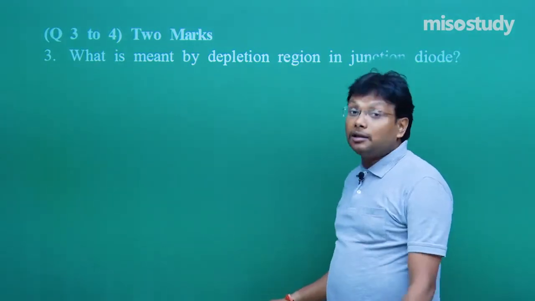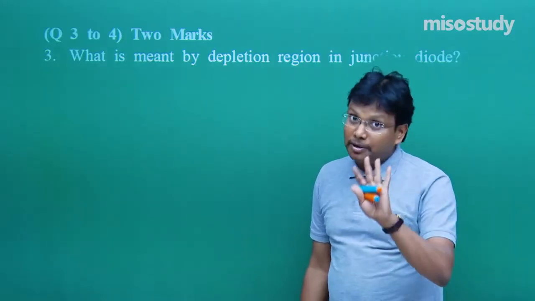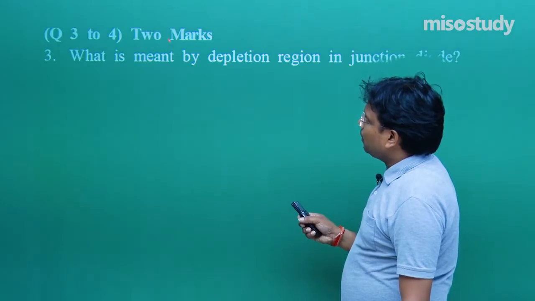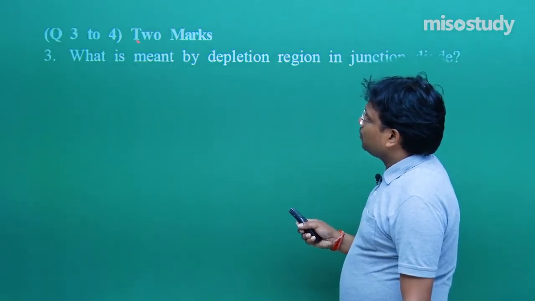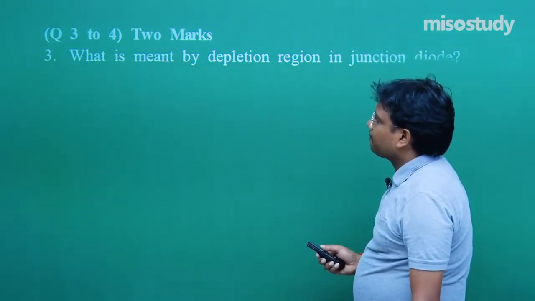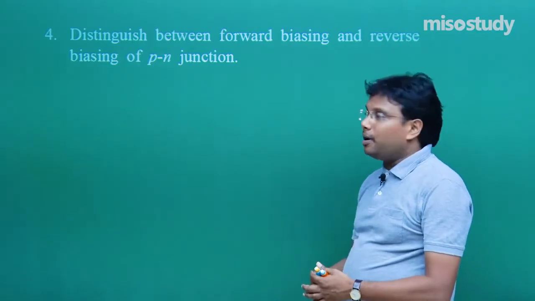Fine, and the width of depletion region is of the order of few angstrom, please do not forget it. Once again please take a look, this is 2 marks, and it is true for this question number 4. Okay.